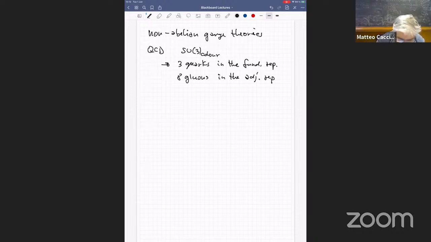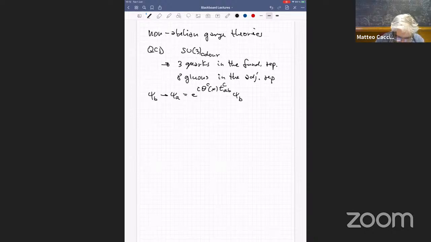So the transformations under which the Lagrangian is invariant are the following ones. A quark, I'm writing it as psi b, meaning a fermion. This is a Dirac particle, psi, with color b, and it transforms under the transformation as e^{i theta^c(x) t^c_{ab}} psi_b.